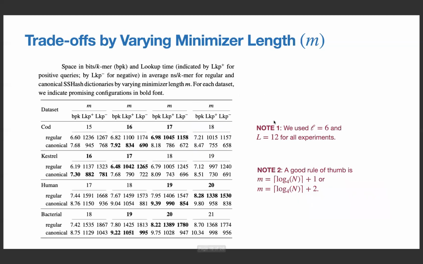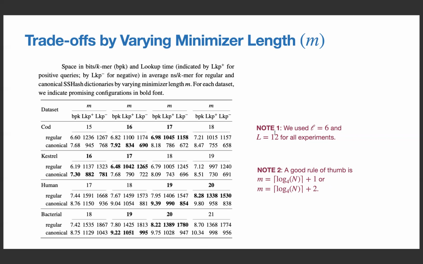So first of all, the tuning of SSH, namely the trade-off obtained by varying the minimizer length, M. So here we have a trade-off because small values of M create longer and fewer super chimeras, which is better for space, of course, but small minimizers have also a higher probability of repeating in the DNA strings. So it means that buckets will be larger on average, thus also increasing the query time.